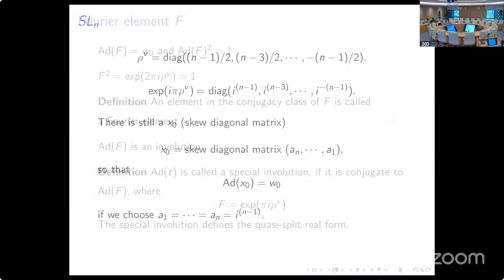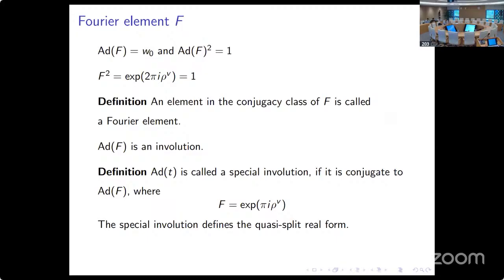Okay, so let's get to this Fourier element, the Fourier element F. It acts on the Cartan subalgebra as the longest element of the Weyl group. Its square is 1. It's very easy to check from the definition.